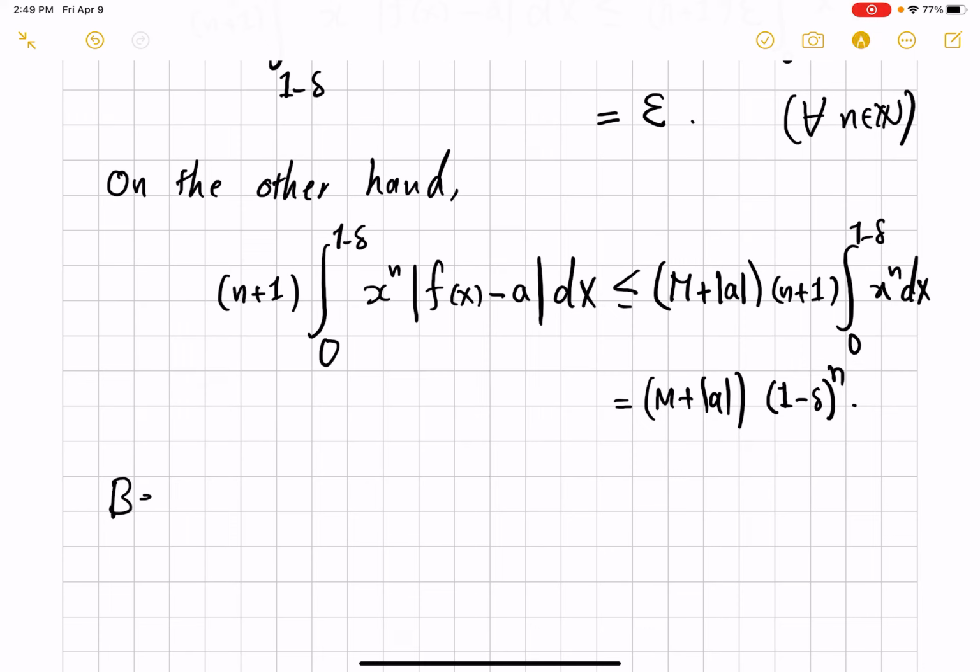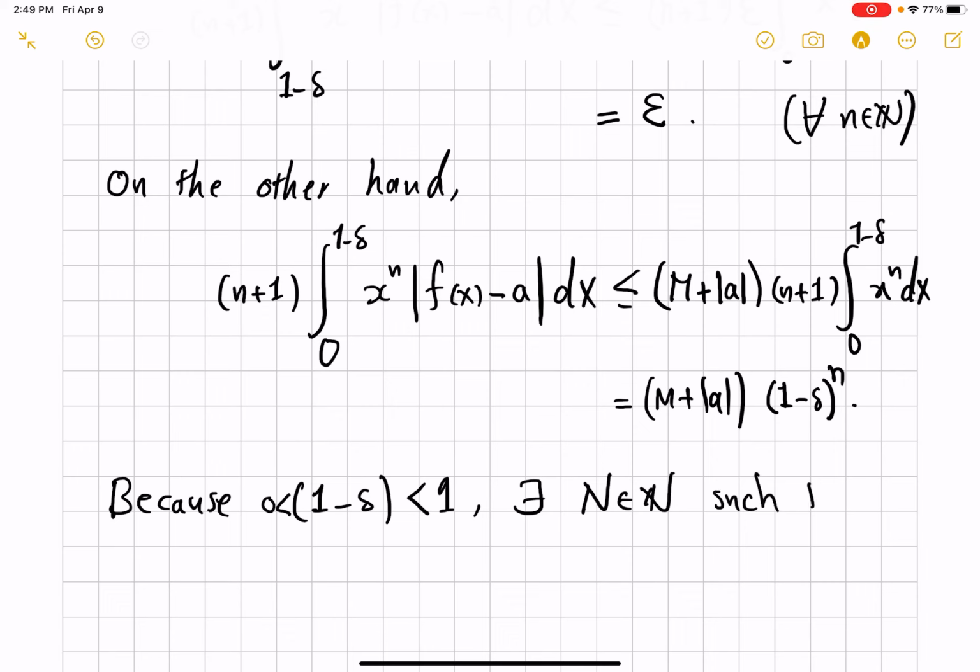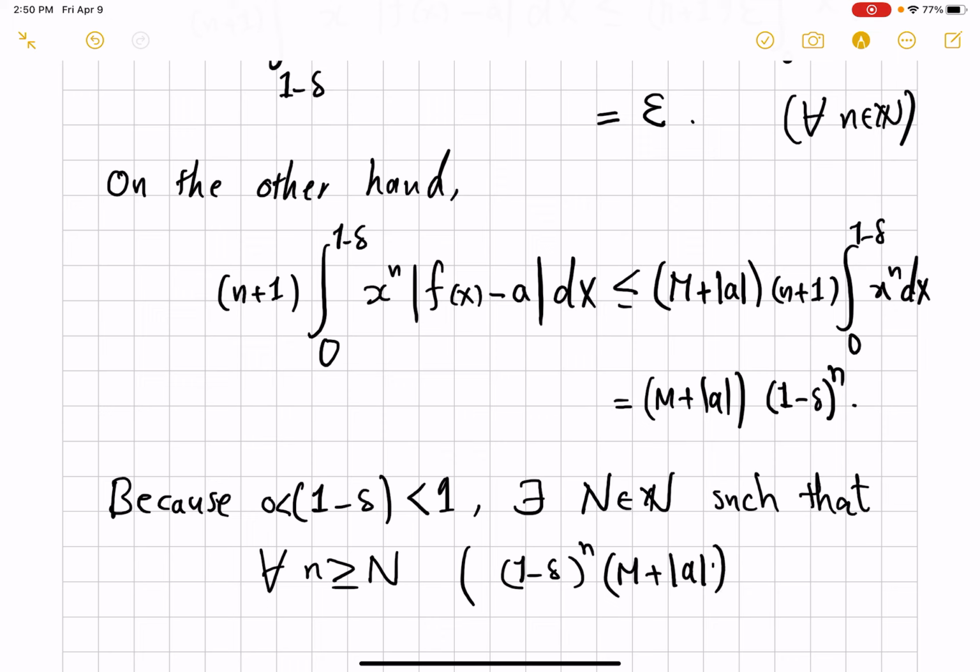Because 1 minus delta is less than 1 and positive, there exists some N in natural numbers such that for every n bigger than or equal to N, 1 minus delta to power n times the bounds that we had, (n plus 1) and the maximum absolute value, is less than epsilon.